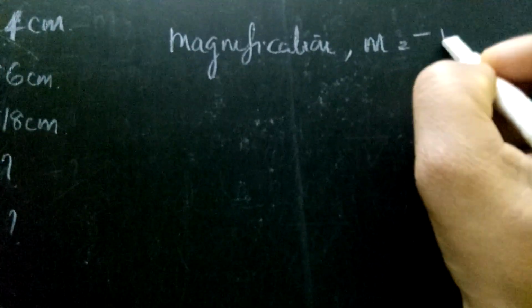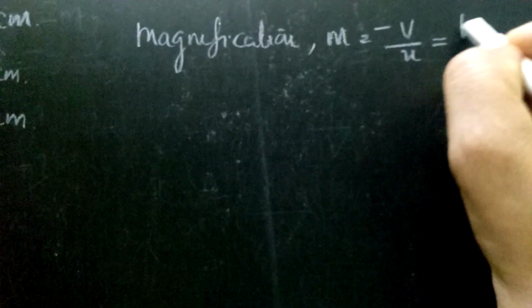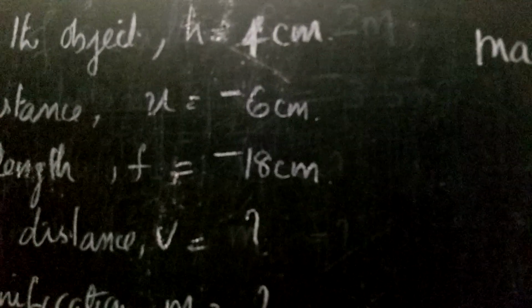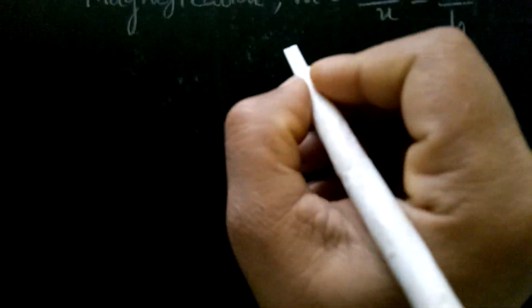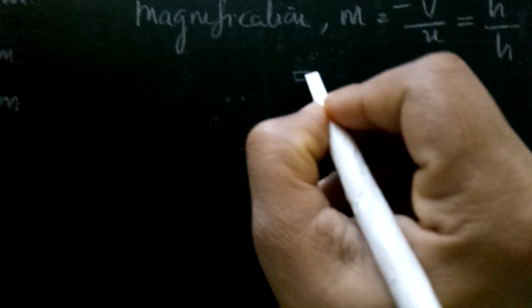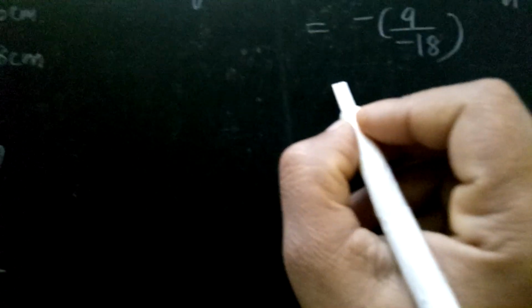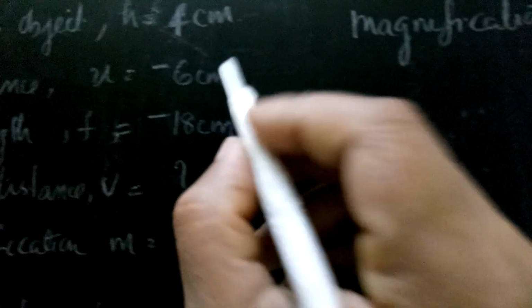Magnification M is equal to minus V by U, that is equal to H dash by H, because here H also is given. So we can find H dash. So that is equal to negative V by U means negative 9 by negative 6. Here object distance is negative 6.